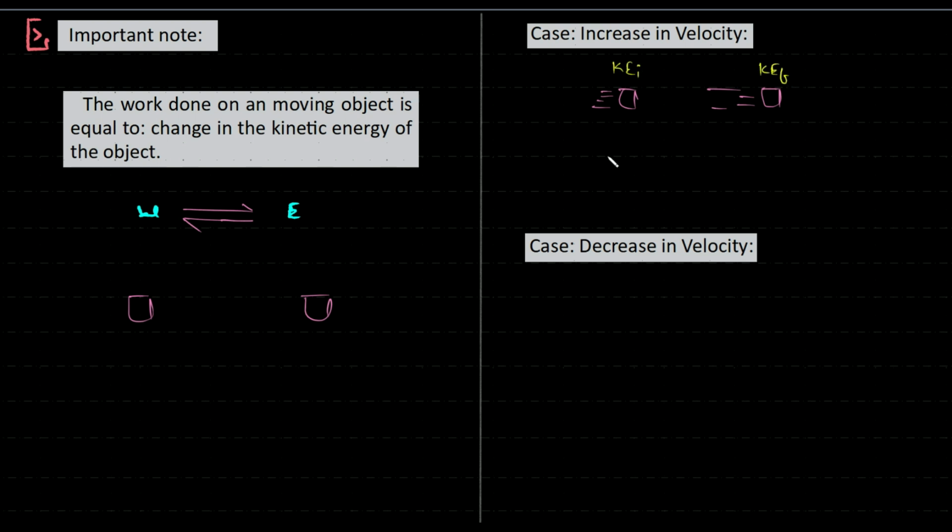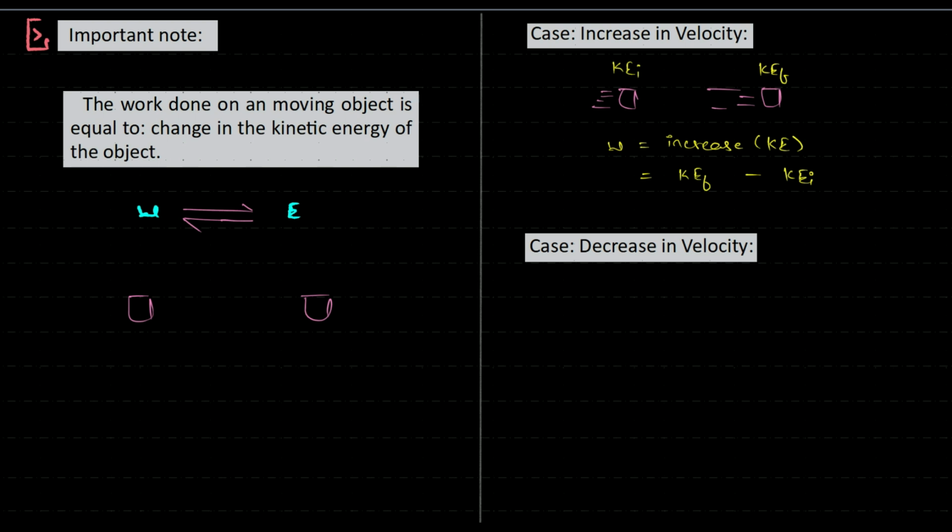The work that I do is transformed into the increase in kinetic energy. How can I find the increase in kinetic energy? All I have to do is subtraction: final kinetic energy minus initial kinetic energy. Okay, that's it. So we'll get a positive answer, so we have done a positive work.